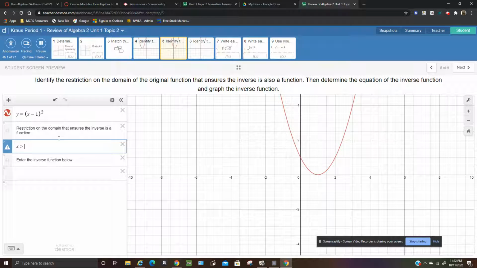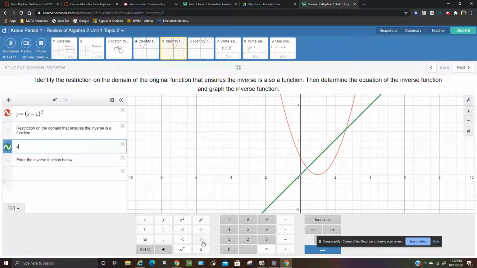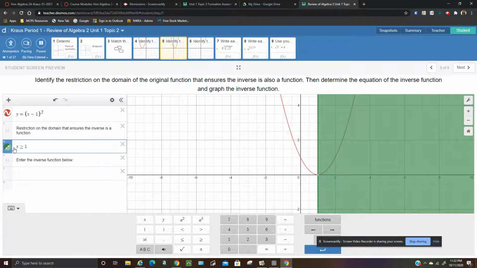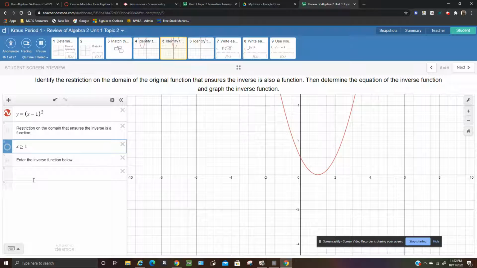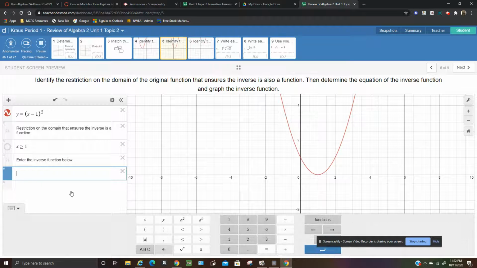Let me use the keyboard so you don't get confused here. So greater than or equal to is that one. And 1. If I want to take the shading off, I just click on that. And then the inverse function. So the last thing we did is square. So first thing we're going to do is square root x. Let me get the square root first. Square root x. And then plus 1.